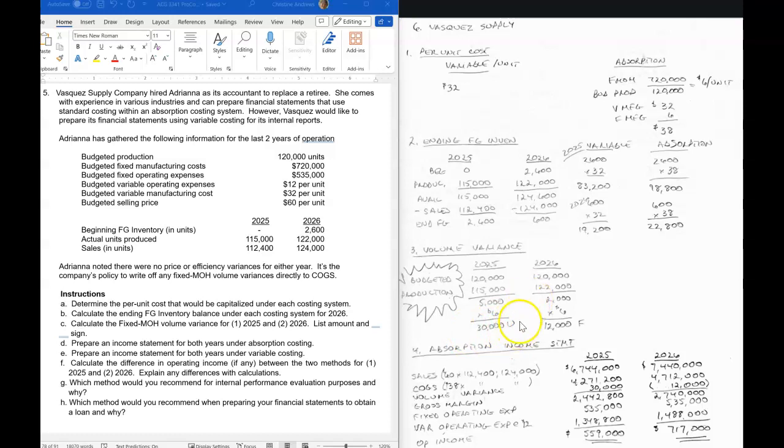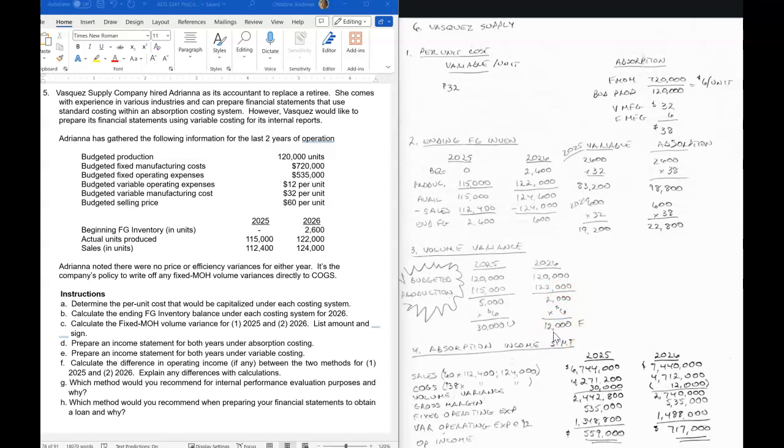In 2026, again, we planned on producing 120,000. We produced 122,000. So you can see that we pushed more through production with a fixed amount of cost, which is a good thing, and that would be a favorable variance. That's 2,000 units more than we planned at $6 apiece, which is $12,000 favorable.